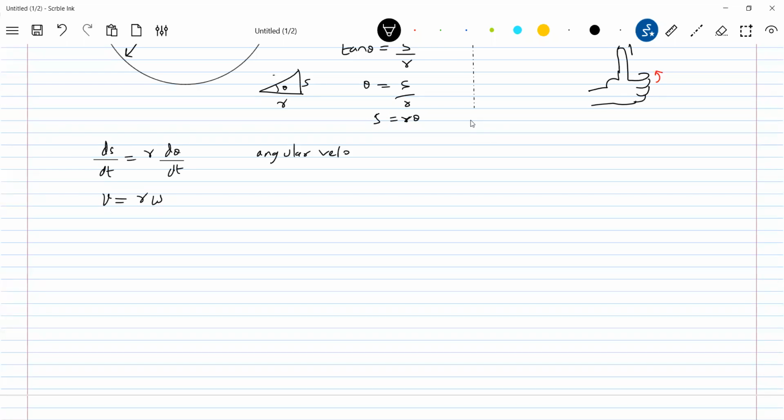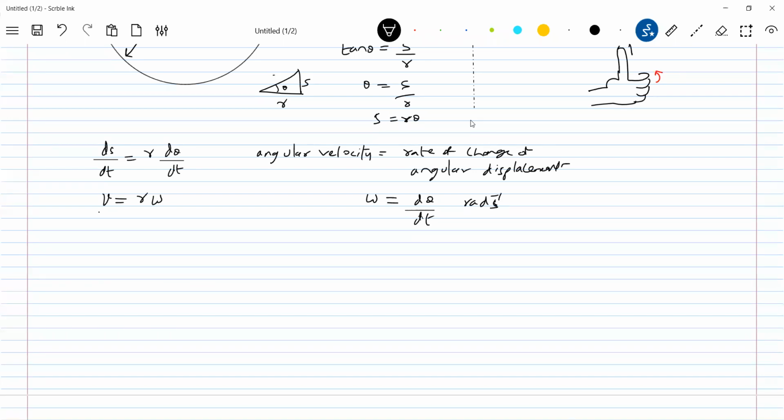Angular velocity is equal to the rate of change of angular displacement, where we write omega equal to d theta by dt. This is the symbol. The unit for this is radians per second.